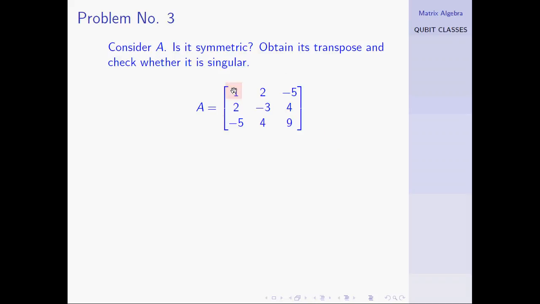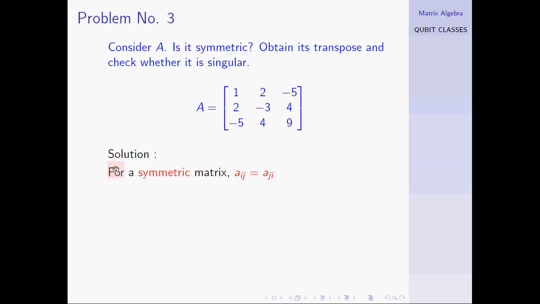Now A has 3 rows and 3 columns. A matrix whose number of rows is equal to its number of columns is known as a square matrix. So A is a square matrix of order 3, or 3 by 3. Now we want to check whether this matrix is symmetric.